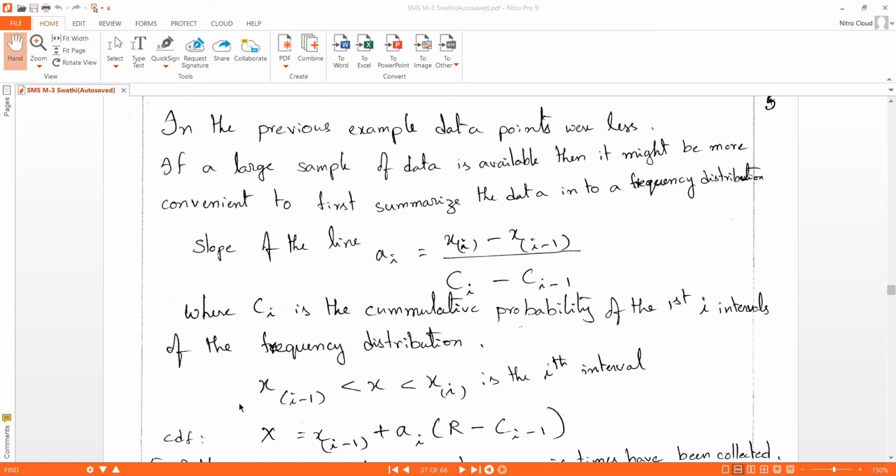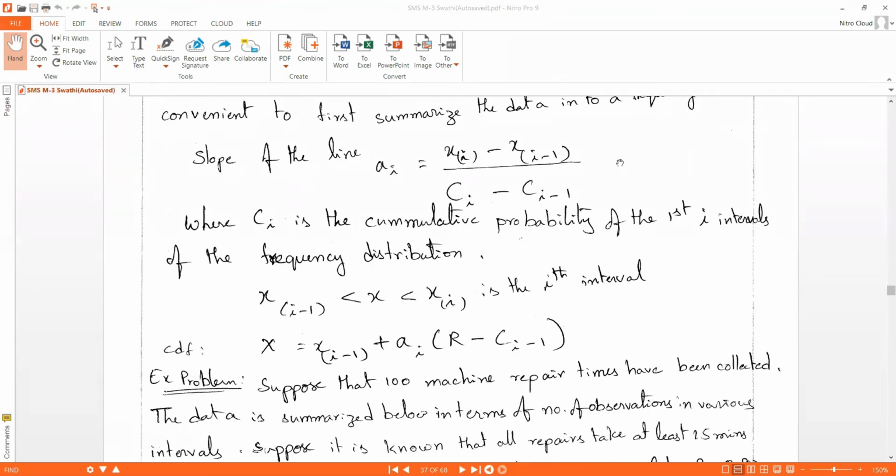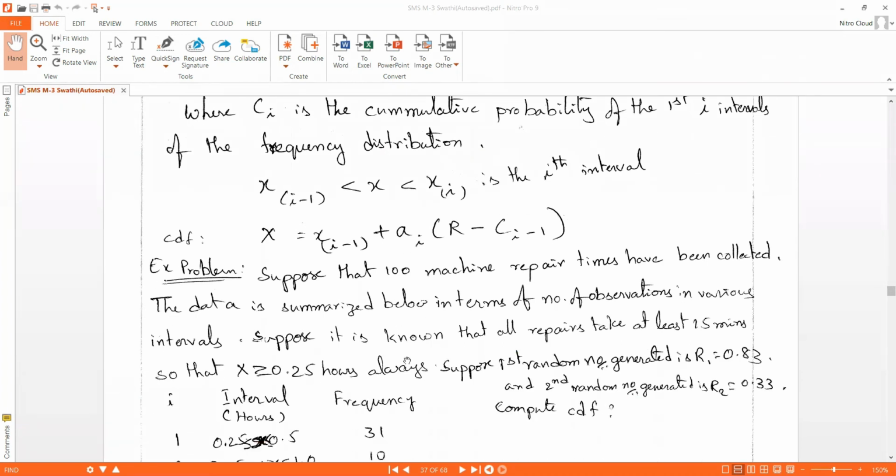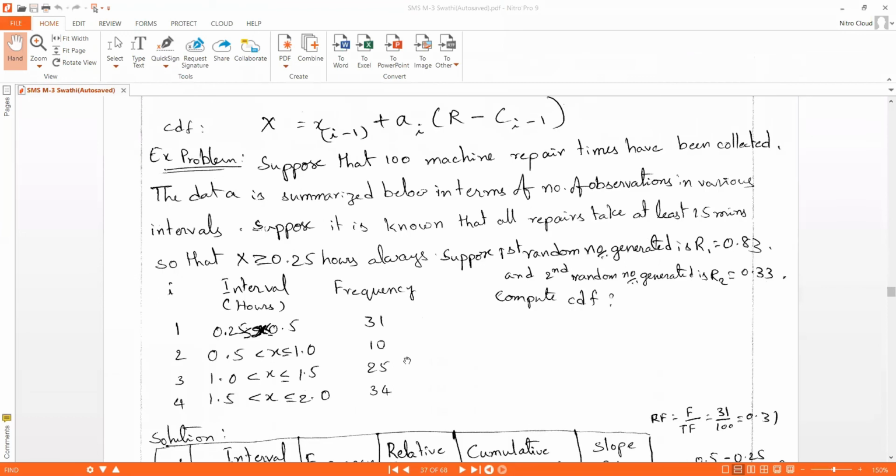For that we use the slope ai equal to xi minus xi minus 1 divided by ci minus ci minus 1, where ci is the cumulative probability of the first i intervals of the frequency distribution, where xi minus 1 is less than x less than xi is the ith interval, and the CDF is x equal to xi minus 1 plus ai into r minus ci minus 1. Now using this we'll solve one problem.